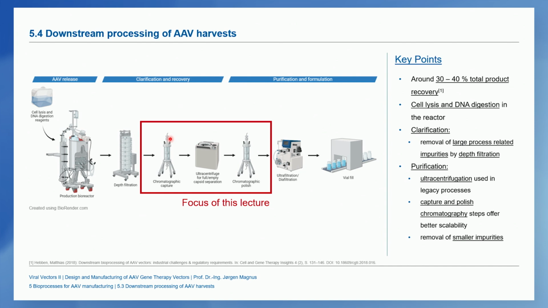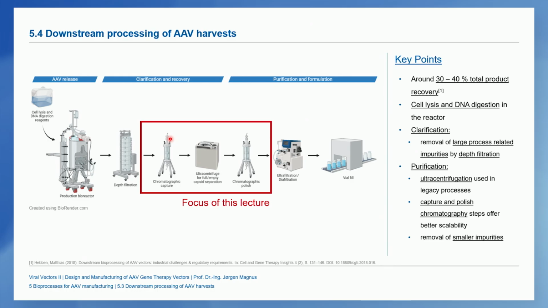And finally, you would do a chromatography polishing step. And this is simply to get all the impurities down to the very, very small level that is required for product release. And that is sometimes based on ion exchange chromatography.